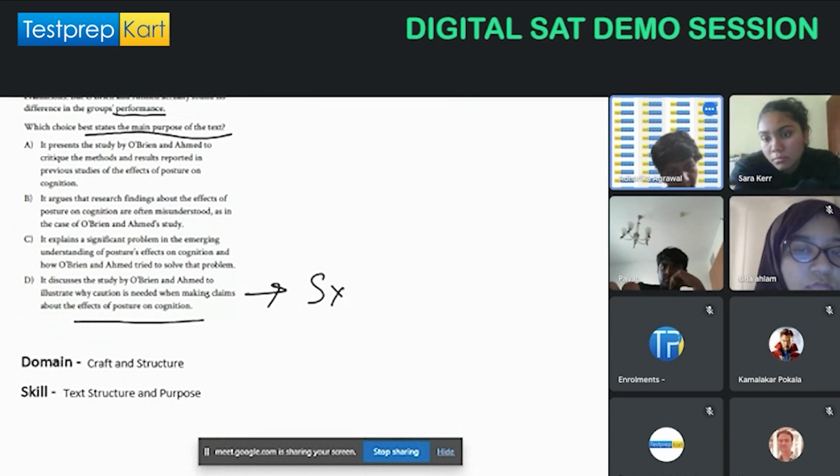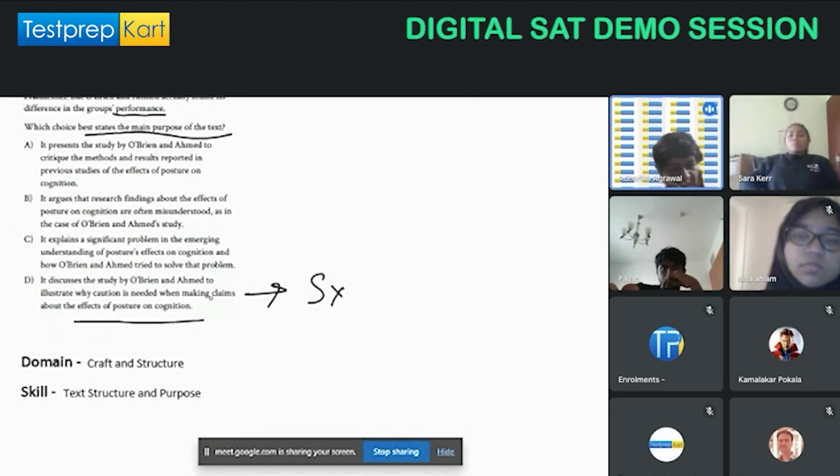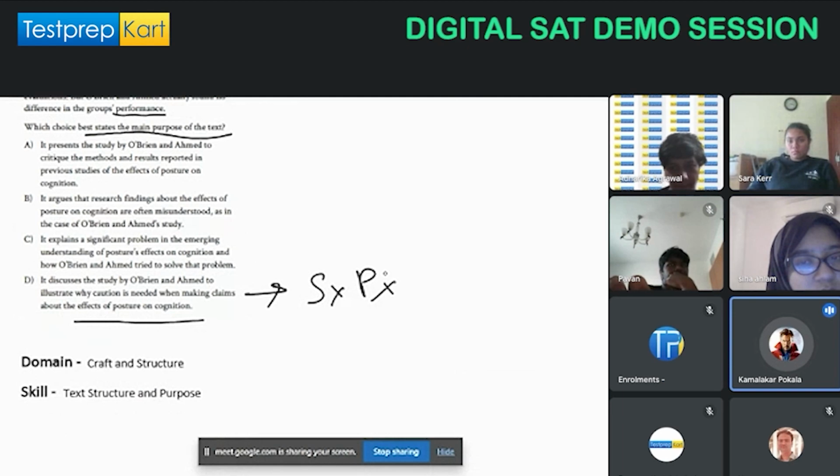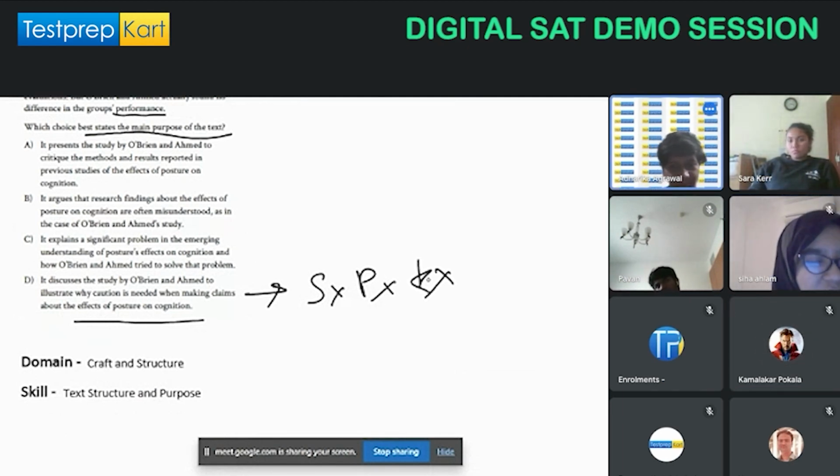Pawan, you are also eliminating or choosing? Ma'am, I'm eliminating. What about the other two? Even Kamlaka, I'm eliminating it. Okay. What about the other one? You want to eliminate? Yes.